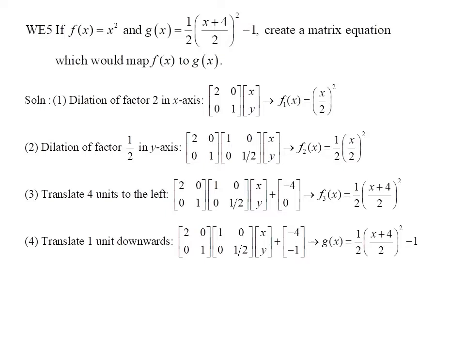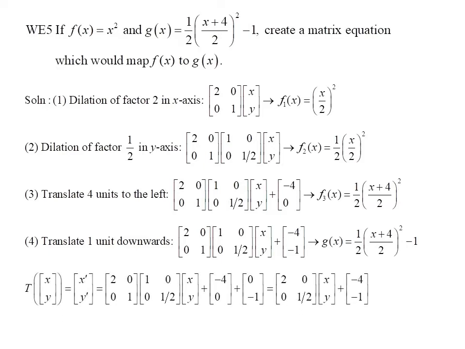The last step is to translate 1 unit downwards, which is represented by a value of negative 1, placed in the second row of a 2 by 1 matrix. Now, the transformed equation becomes the image function, g(x). After arranging all the transformation matrices together, we have the matrix equation which transforms f(x) to g(x) as shown on the screen.